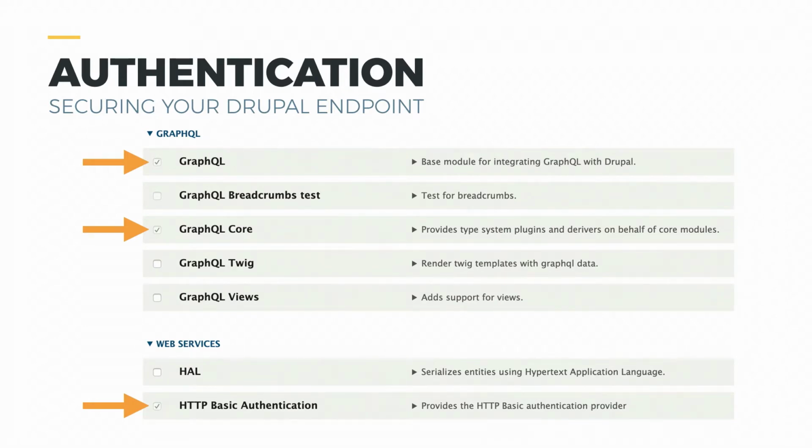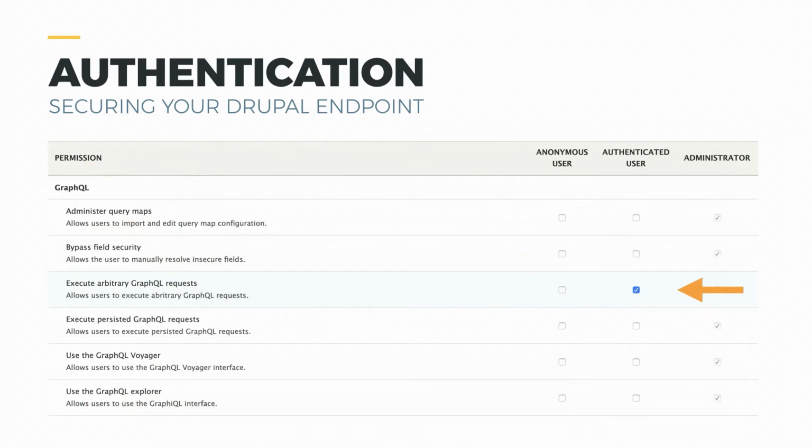So you install those 3 modules, and then you have to go to the permissions page and add one checkbox here, which is that we want to allow authenticated users to execute arbitrary GraphQL queries. Because since we're building a Gatsby site, we have development users who are running GraphQL queries that they're writing on their laptops, and we want to have them use an authenticated Drupal user to have their laptop connect to the Drupal server, and you do that by checking that box.